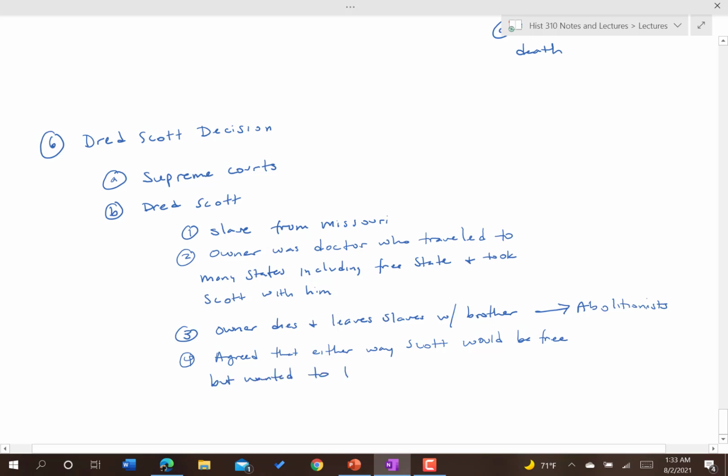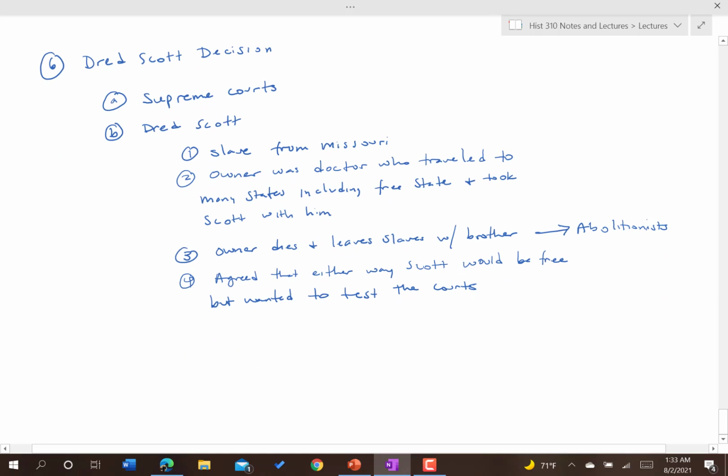So this really wasn't about whether Dred Scott would be free or not. It was really to see whether they could take the route of fighting slavery through the Supreme Court, specifically challenging the Fugitive Slave Act, which allowed slave catchers to go into the northern states and retrieve or kidnap slaves. If they could get the Supreme Court to say that Dred Scott was actually free because his owner took him into northern states, that would nullify the Fugitive Slave Act.